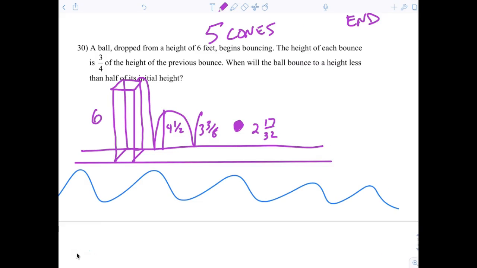Right, so let's pretend, boom, there's 1 bounce, 2 bounces, 3 bounces. On the 3rd bounce, it'll be less than 3 feet off the ground. Does everybody agree with that? Now I'm just trying to show you how you draw things out, guys. It's good, it's healthy, it's good for your mind to see what you're doing.